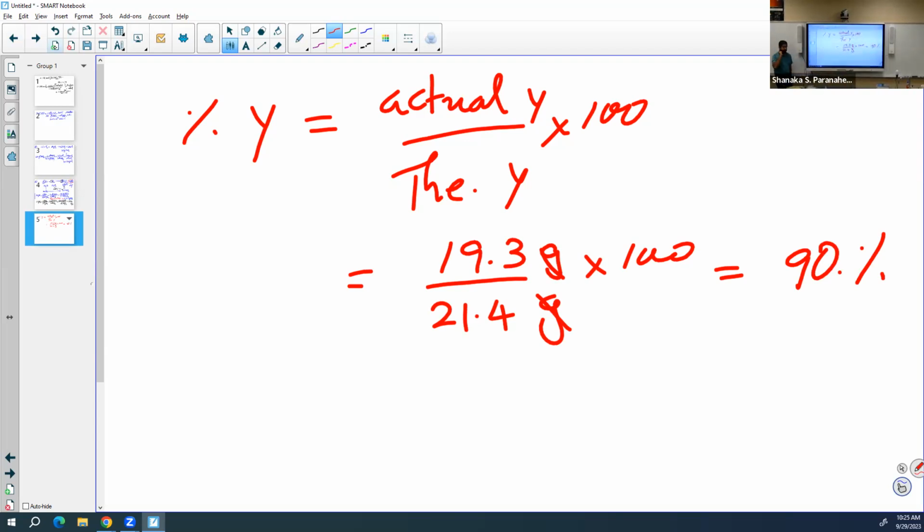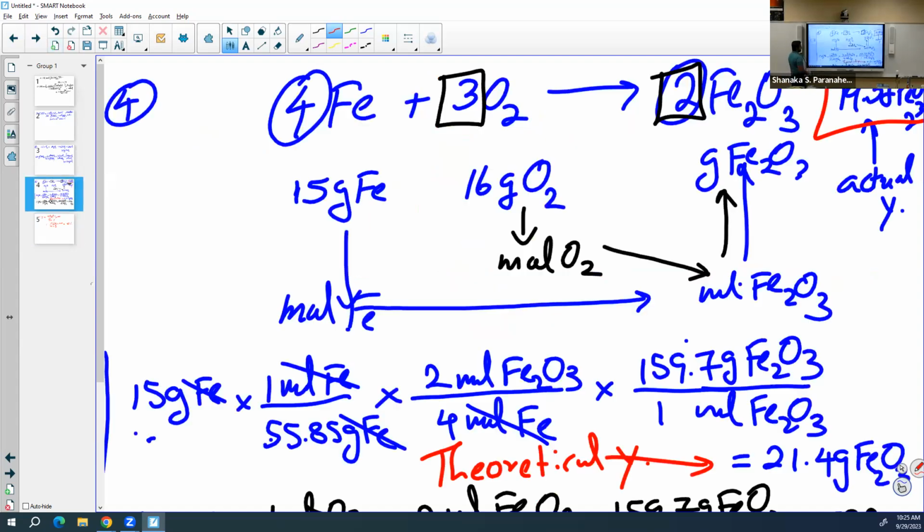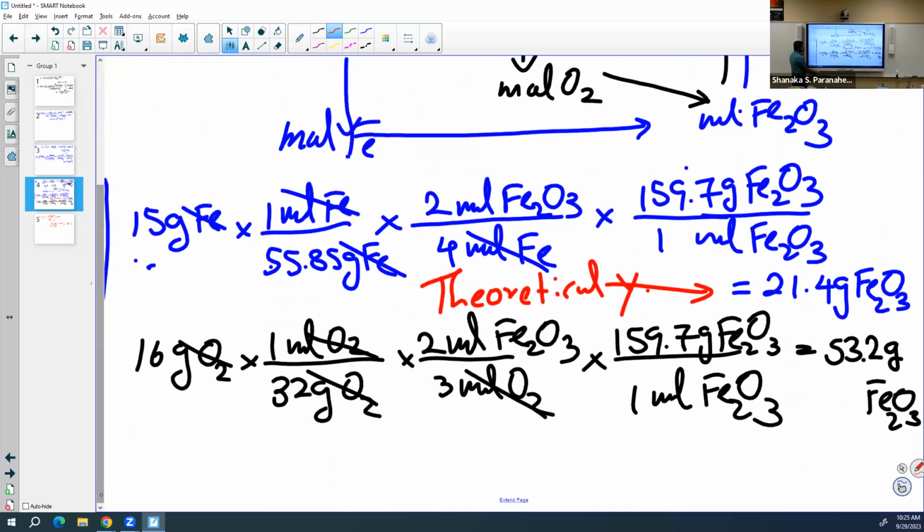And the third question is how many grams of excess chemical are left. It is not asked in the study guide, but you will get it in the exam: how many grams of excess chemical are left at the end of the reaction. So we are going to do another mass to mass calculation based on our limiting reactant, which is 15 grams of iron.